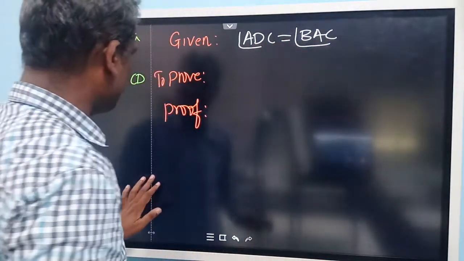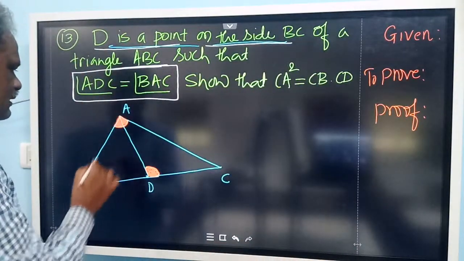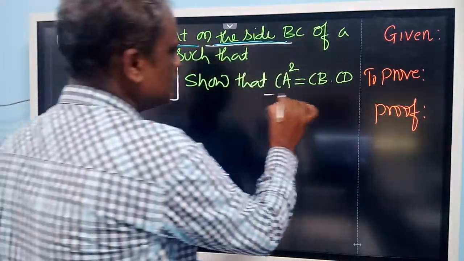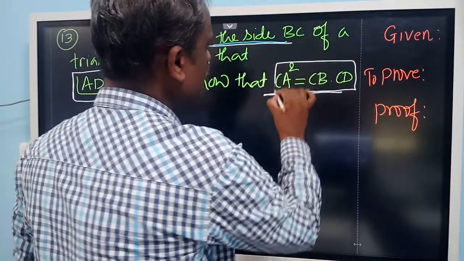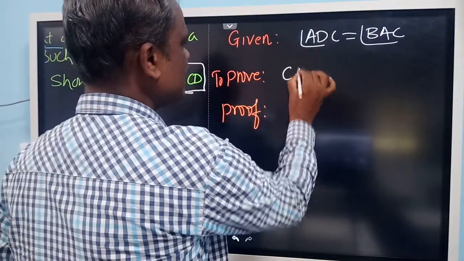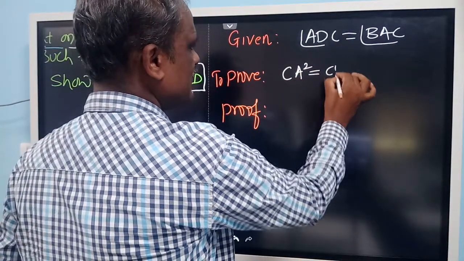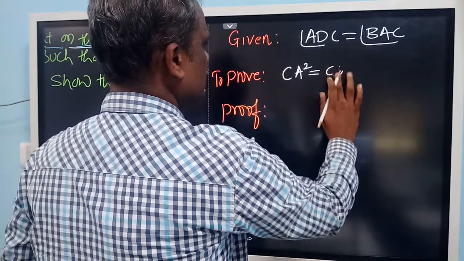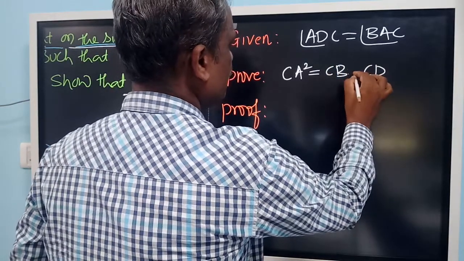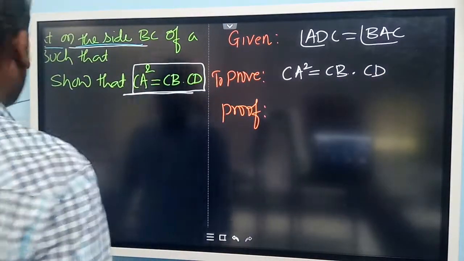With reference to this diagram we are writing angle ADC is equal to angle BAC, that is given. We need to prove CA square is equal to CB into CD. Okay, this is what we have to prove.